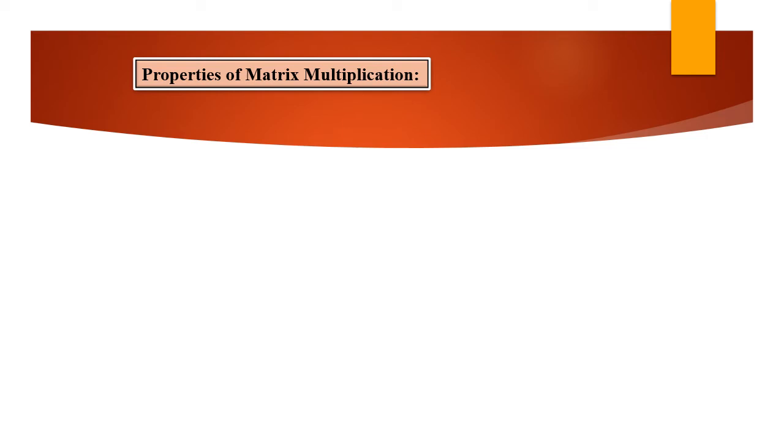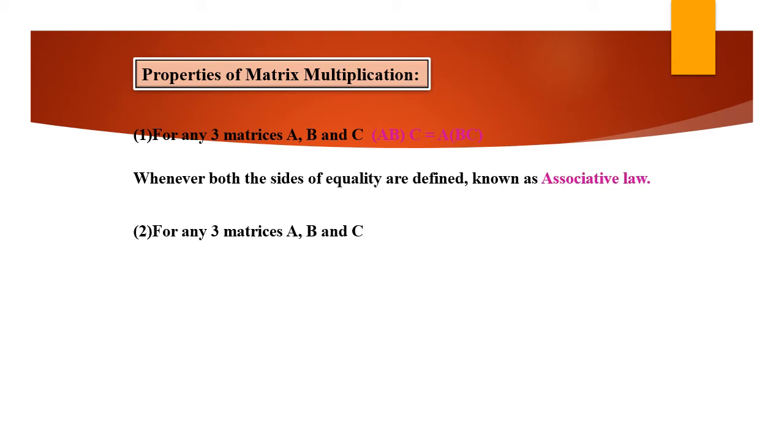Properties of matrix multiplication. So the first property, for any three matrices A, B and C, A into B into C is equal to A into B into C, and this is called as the associative law for multiplication of matrices.